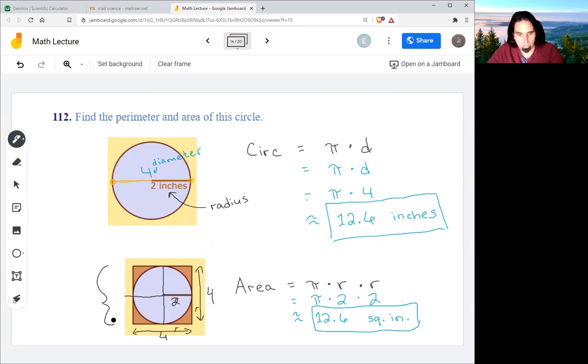So the whole box has area 4 times 4 is 16. Do we cover all of that? No, we're less. We are about 3/4 of it, right? It's more than 3 of those little boxes, but less than 4 of them.